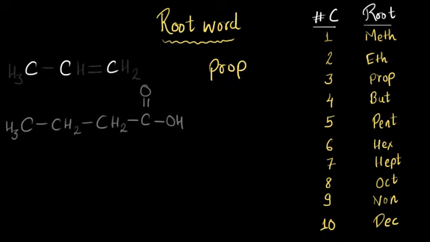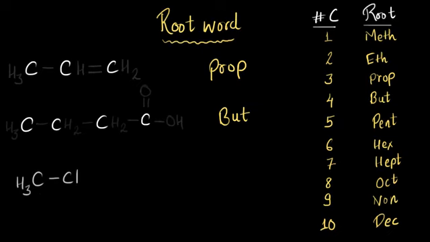Similarly, if this was the molecule that you had to name, can you pause and write down the root word for this one? Now, if you have tried it, let's see. If I just focus on the carbon atoms, I see four of them. So for four, we use the root word but. Let's do one more, one last. Can you name this one by yourself first?